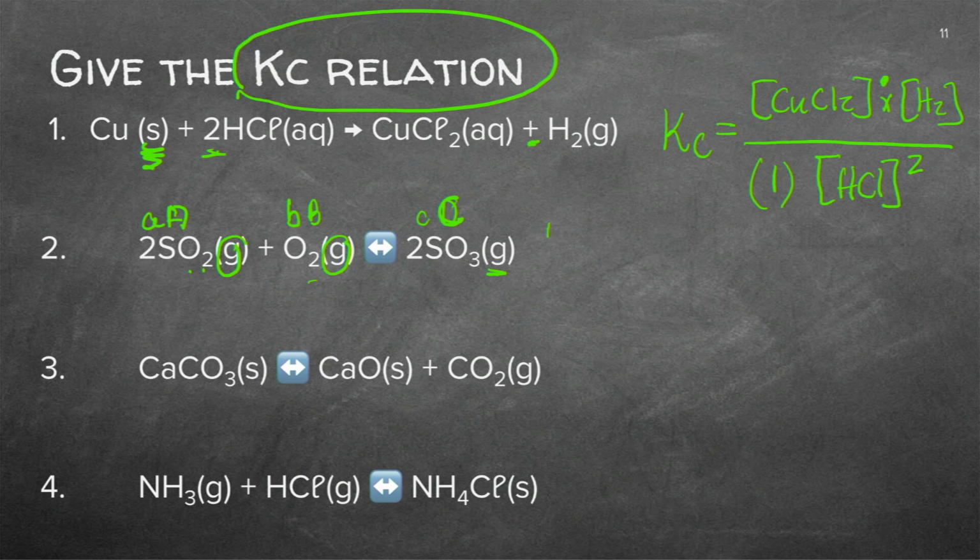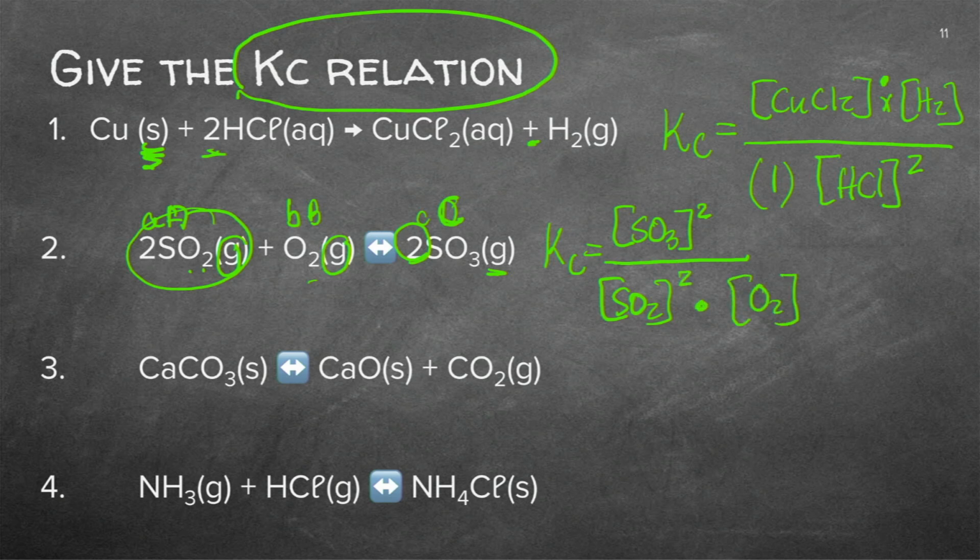So I can write down Kc will be at the top, the concentration of SO3, it's 2 moles so to the power of 2, over SO2, it's this one here, to the power of 2, multiply with oxygen, and it only had 1, so that's the answer. Let's go to the next one.